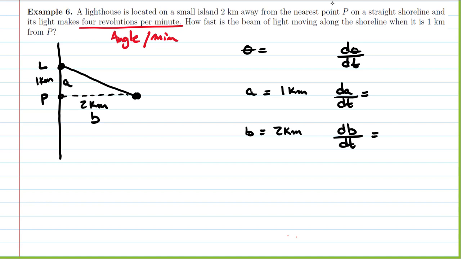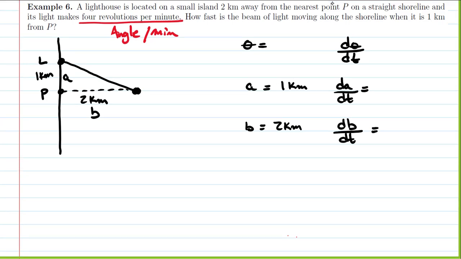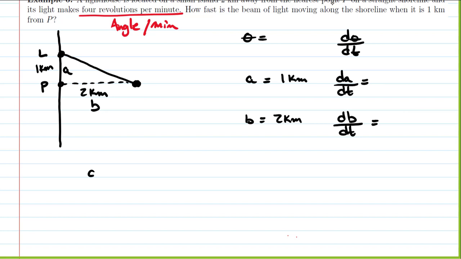So one of them is, we're told that d theta dt is 4 revolutions per minute. But we can't use 4 revolutions per minute in a math problem. We always have to convert all of our angles to radians. So 1 revolution is 2 pi radians.